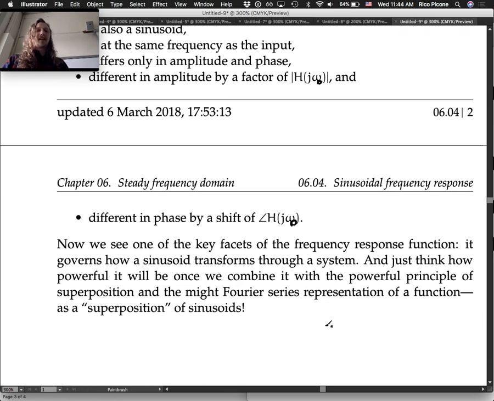Just think how powerful it will be once we combine it with the principle of superposition and the mighty Fourier series representation of a function as a superposition of sinusoids. Remember, we learned how to represent any periodic function as a sum of sinusoids. If you have a sinusoidal input, the output is also sinusoidal, and the frequency response function tells you how the amplitude and phase change.